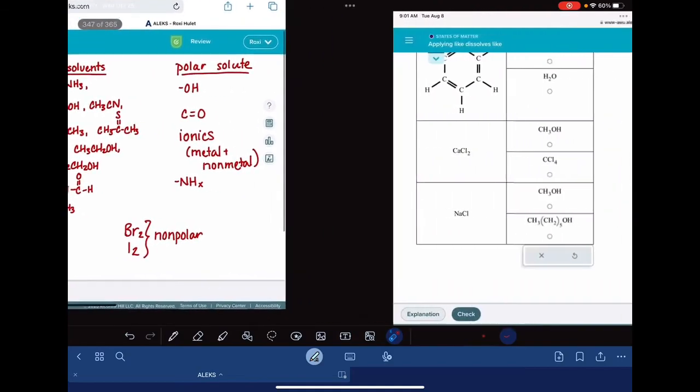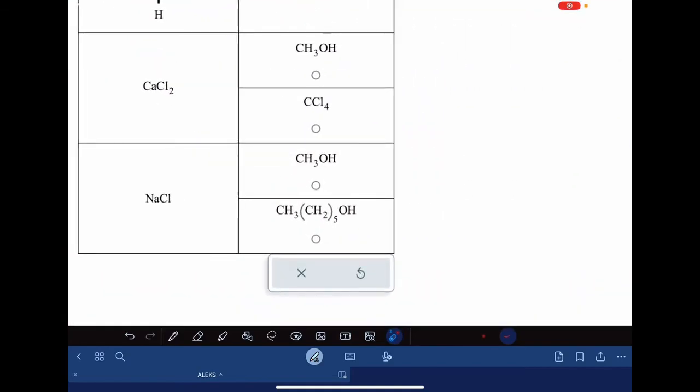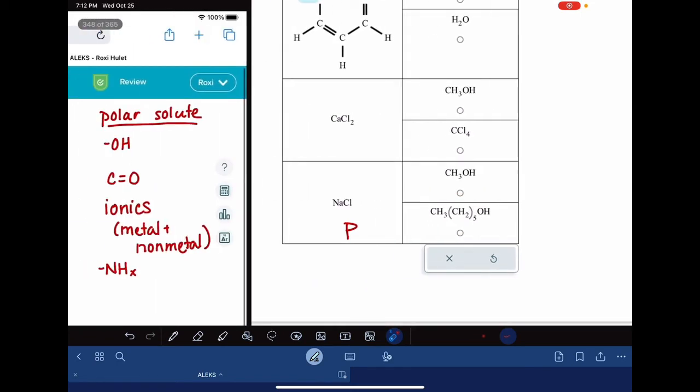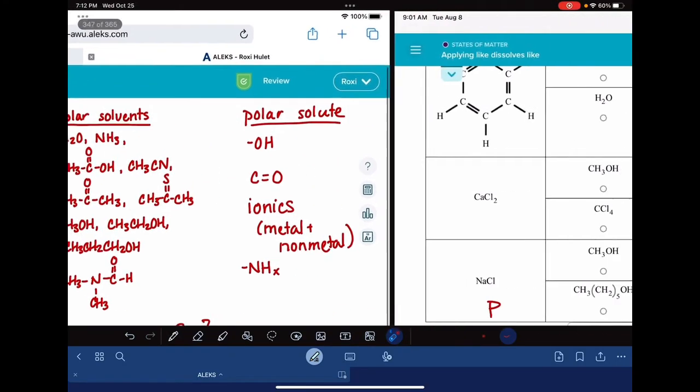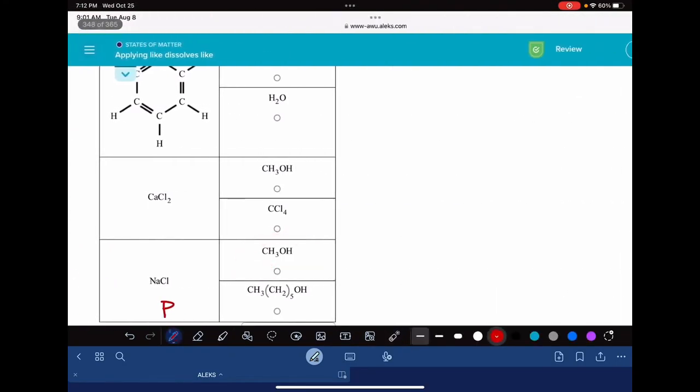I do have one more. There is always going to be a third one on here. Here's another one. Written as a formula, not as a Lewis structure, metal with a nonmetal. That makes this polar. What are my choices here? One of the solvents is polar, one of the solvents is nonpolar. Let's reference back to that list. CH3OH, that is one of the polar solvents.